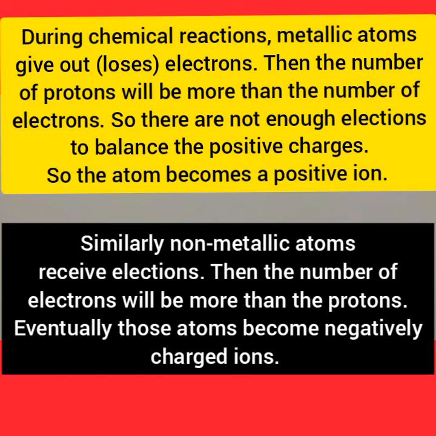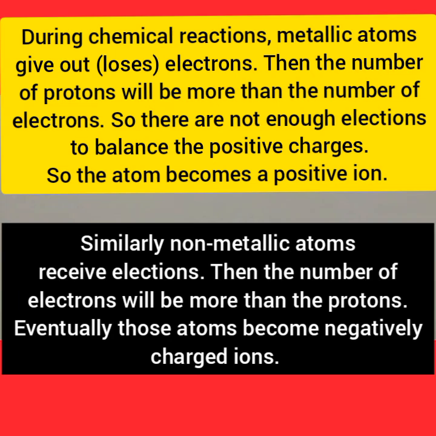In this condition, what happens? The number of protons and the number of electrons vary. If electrons are coming into the atom, the negative charges will be more than the positive charges. Therefore, that atom becomes negatively charged. That negatively charged atom is called a negative ion.